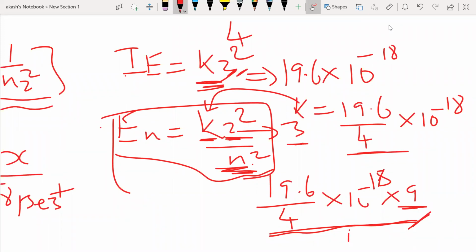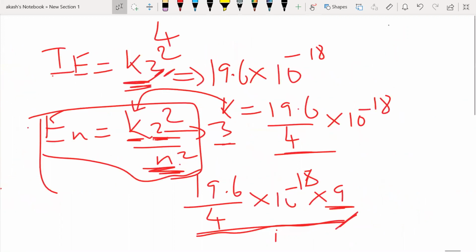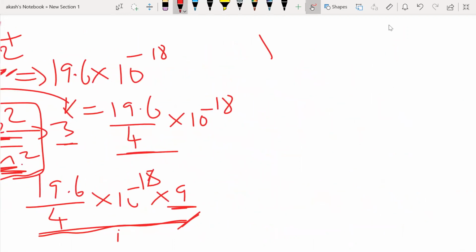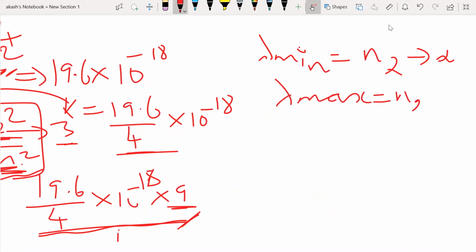Okay, I'll give you some time, go for it, or I'll just give you what are the conditions again. Maybe you would have forgotten. For lambda minimum, n2 value should be infinity. For lambda max, n2 value is n1 plus 1.